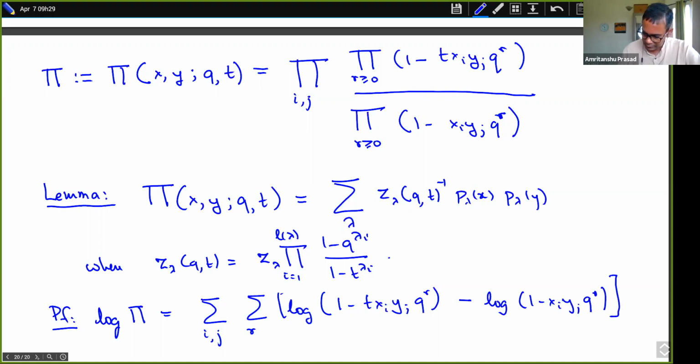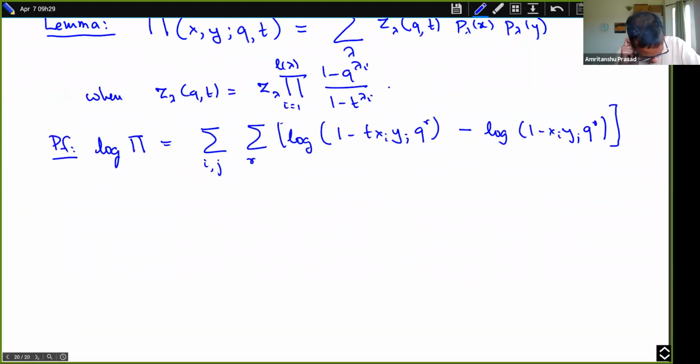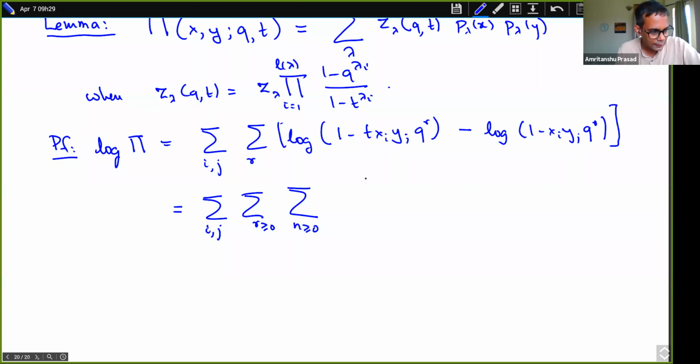But then you use the expansion for log, so log of 1 minus whatever is minus the summation of this thing to the power n. So you just write it out using the expansion for log. This becomes a sum over i, j, r, and now we have another index n, and you just get xi yj q to the power r divided by n, this whole thing raised to the power n.